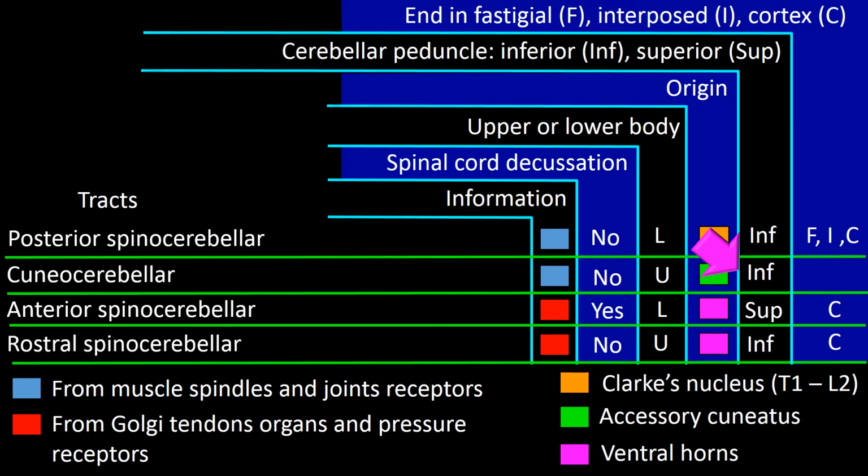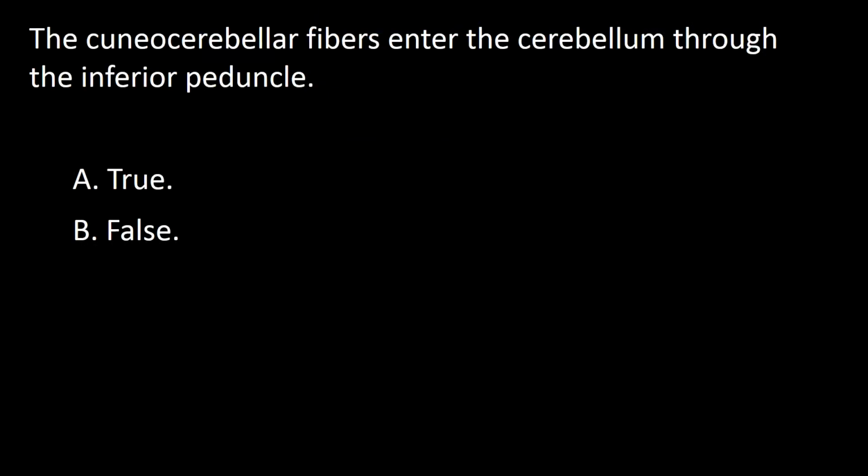It enters the cerebellum through the inferior peduncle and ends at the cerebellar fastigial nucleus, at the interposed cerebellar nucleus, and at the cerebellar cortex. So the answer to this question is true.